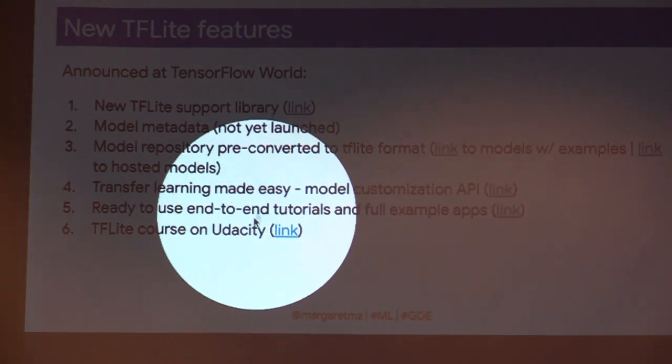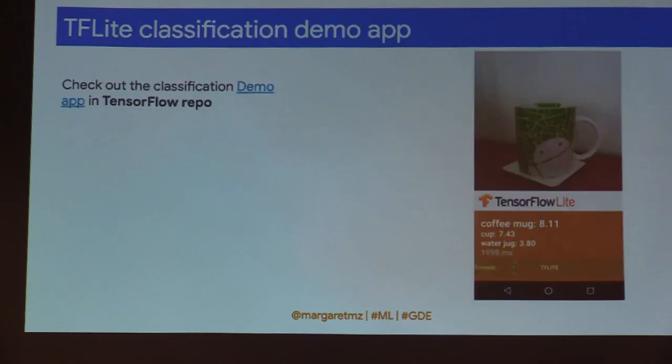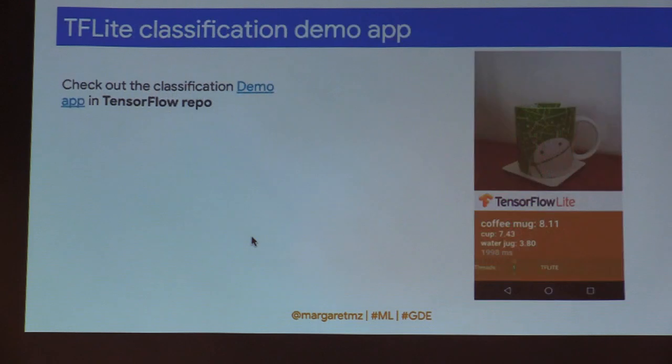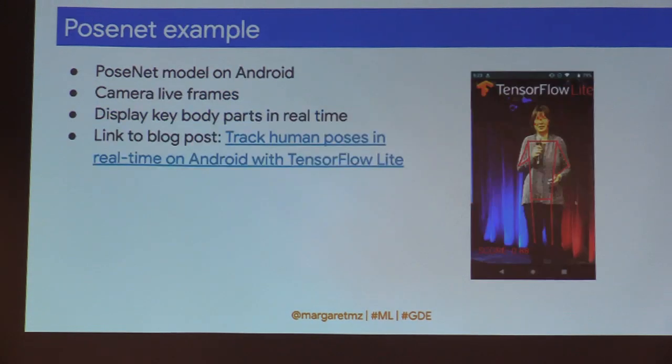And then there's a very nice TFLite course on Udacity. Okay, so I talked about that simple MNIST digit recognizer. You can check out the example on the classifier here. And you can read the blog post on how to use TensorFlow Lite with the GPU enabled here.